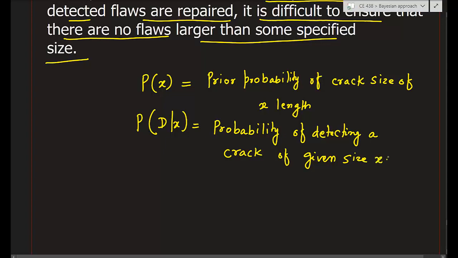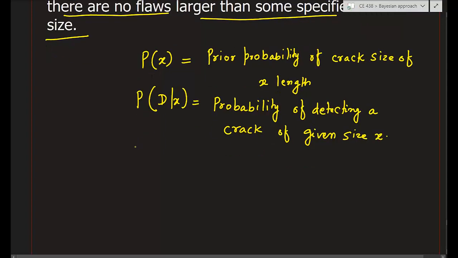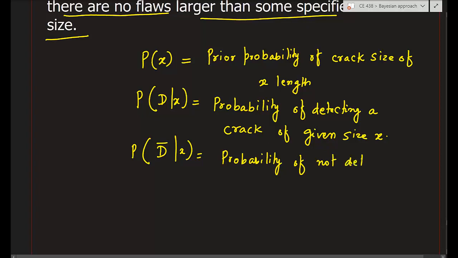We can also write the complement of this, that is P(d bar | x), the probability of not detecting a crack of given length x. So this point is important: not detecting a crack of given size.